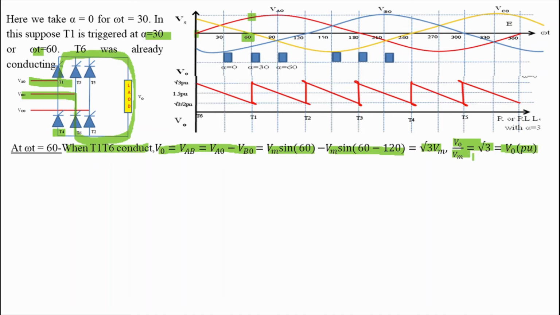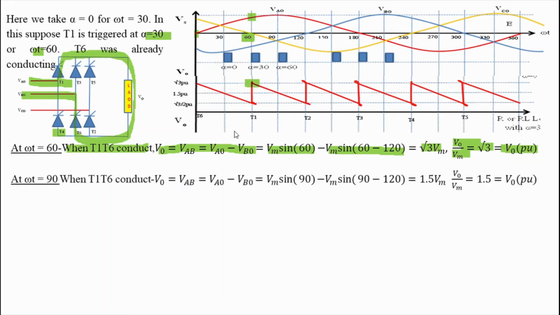So here we can see that for omega t equal to 60 degree, we get this point, that is root 3. Now at omega t equal to 90 degree, what happened? T1 T6 again are conducting, we are getting output voltage V0 equal to Va0 minus Vb0 again, because no other thyristor is fired yet. That's why we will again get T1 and T6 conducting, and output voltage is equal to Vm sin 90 minus Vm sin (90 minus 120 degree).